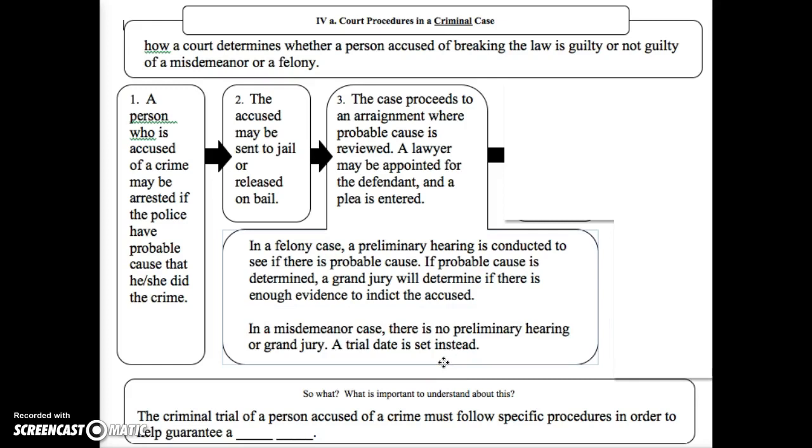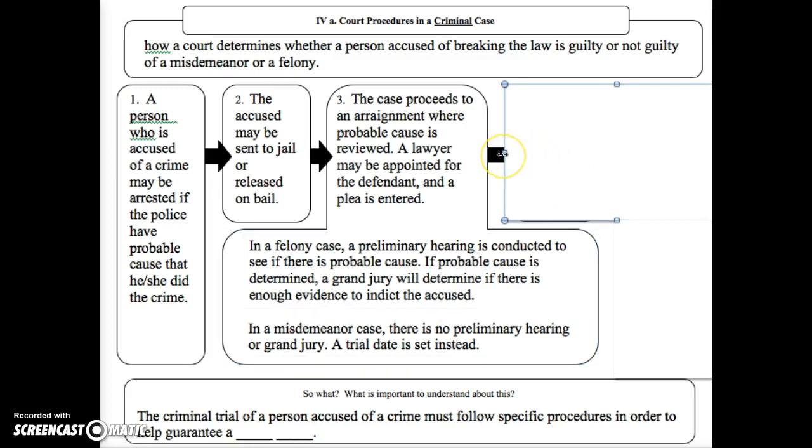Meanwhile, in the misdemeanor case, which is a less serious, less severe crime, meaning also less severe consequences, there is no preliminary hearing or grand jury. And then after the arraignment, a trial date is set instead.